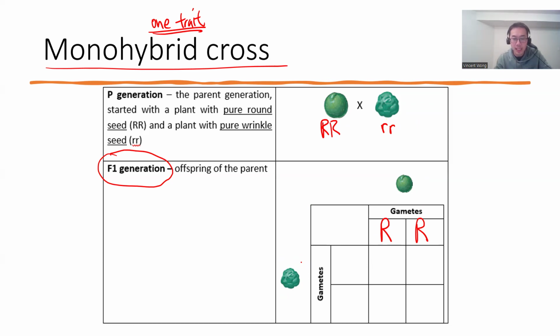As for the wrinkle seed, it's small r and small r. When they separate, half of the gametes get small r, the other half also gets small r. So if this gamete fertilizes that gamete, the offspring is going to be big R, small r.